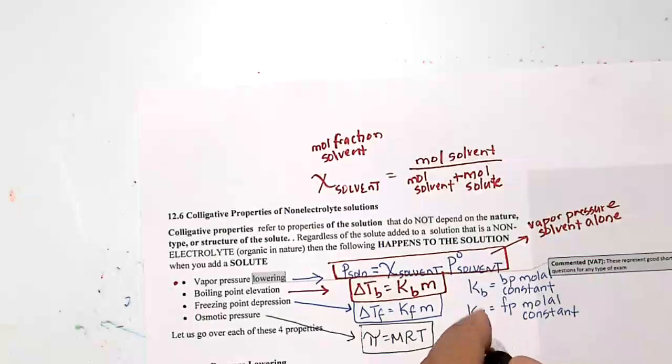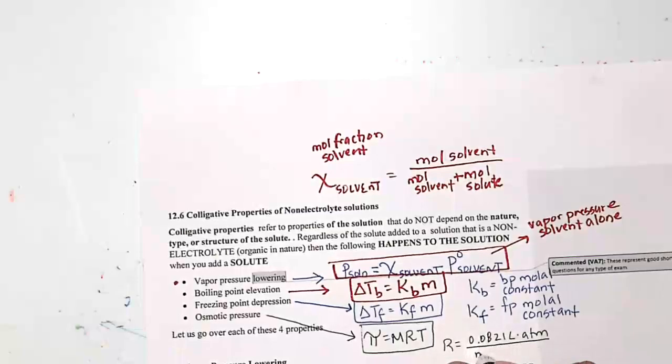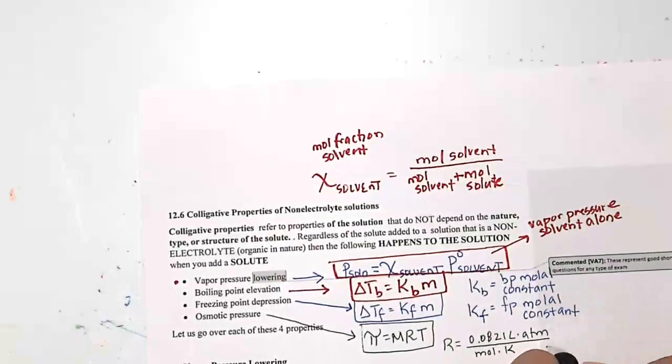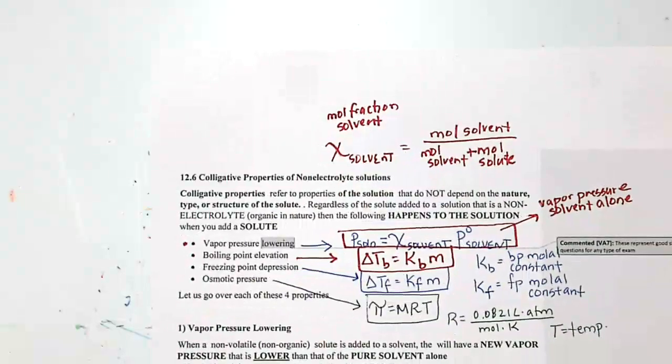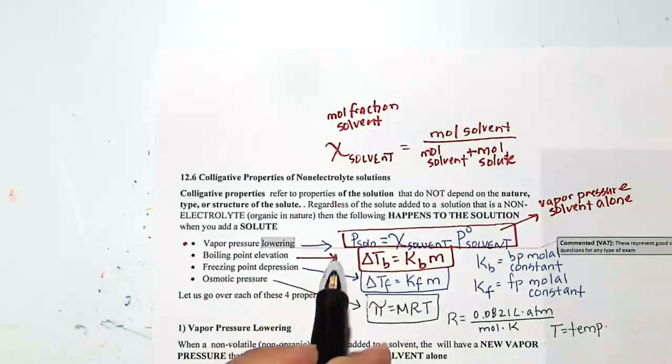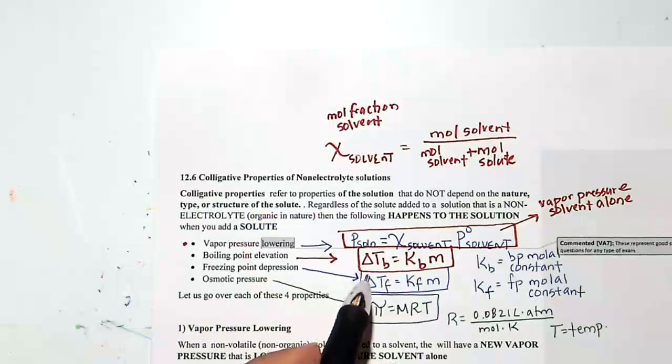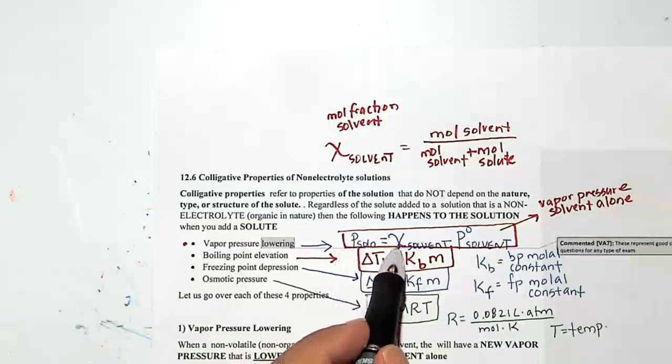So basically it's plug and chug, plug and play. And then T is the temperature here. As far as examination is concerned, you just need to know how to plug and play these 4 equations. I'll give you the constants.